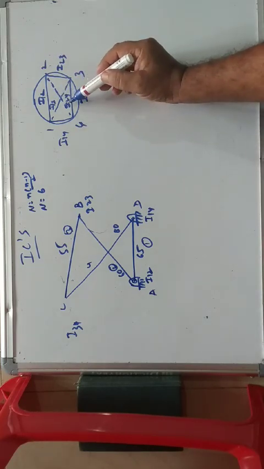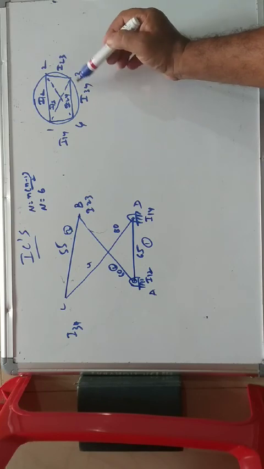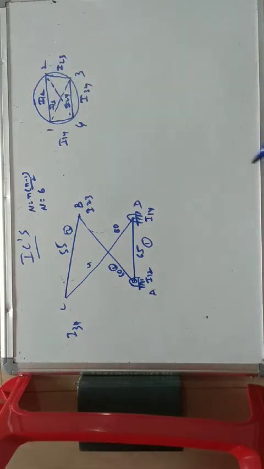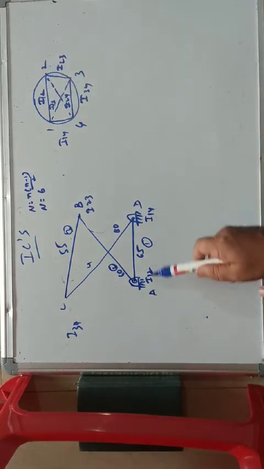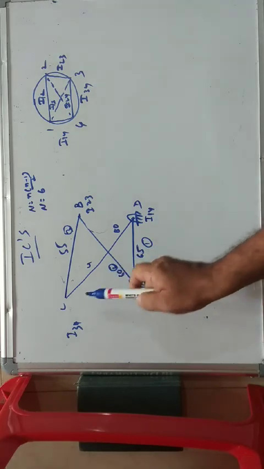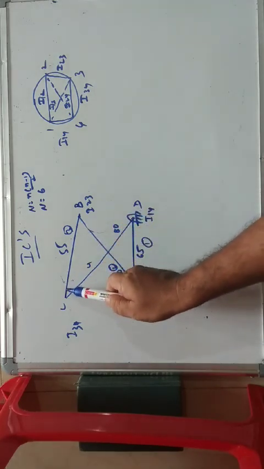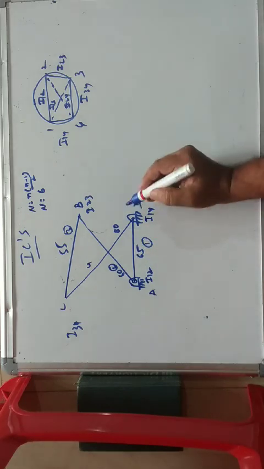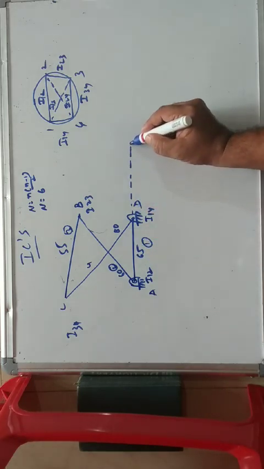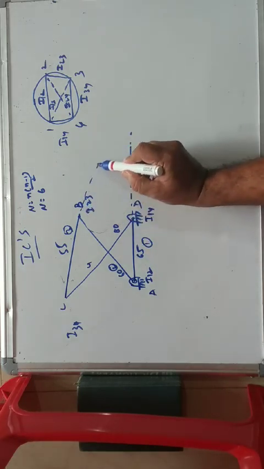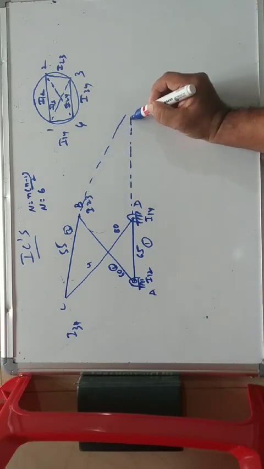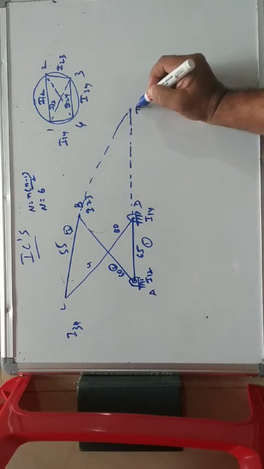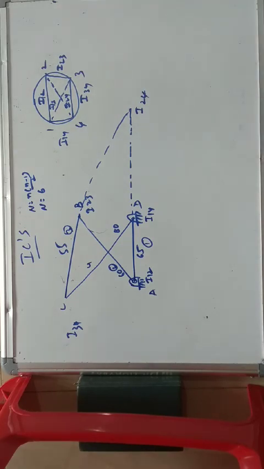Now I24 is the extension of 2-3, 3-4, 1-4, 1-2. So 1-4, 1-2 is here, and 2-3, 3-4 is here. If you extend this line and this line, wherever they meet, this is I24.